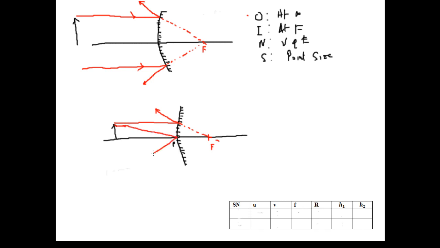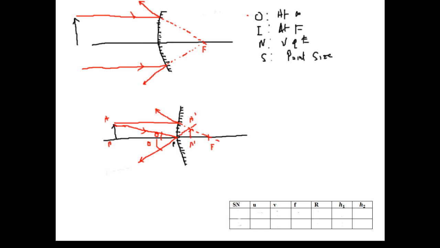Oblique reflection: this one will be theta, this one will also be theta. Now extend it, they meet here. So this is the object AB, this is the virtual image A prime B prime.